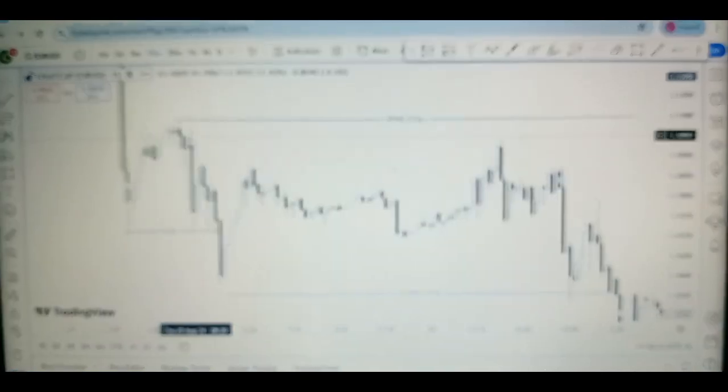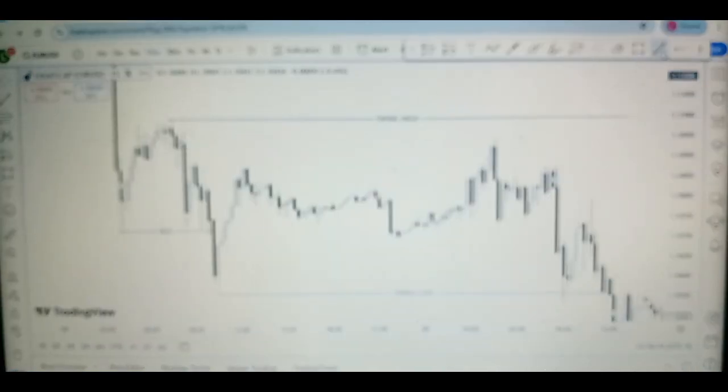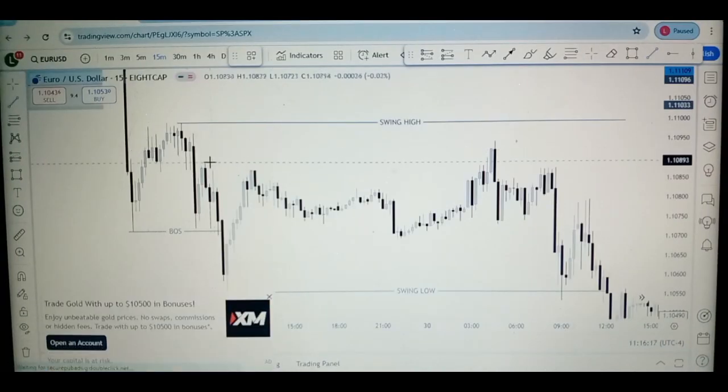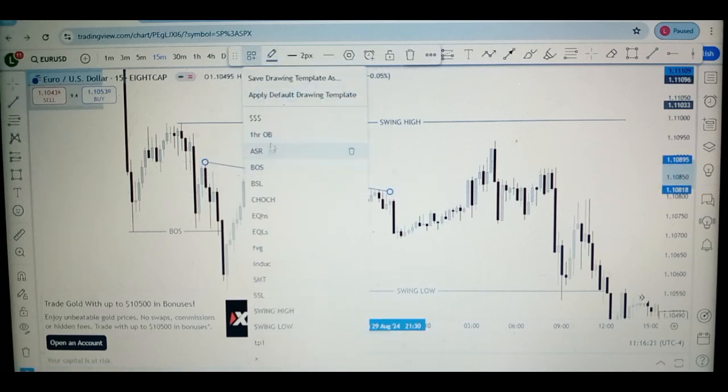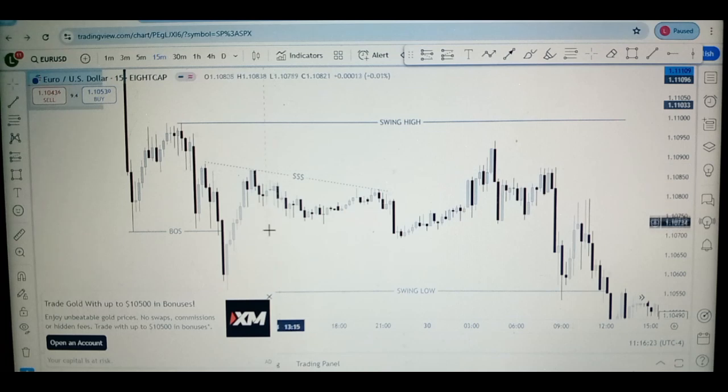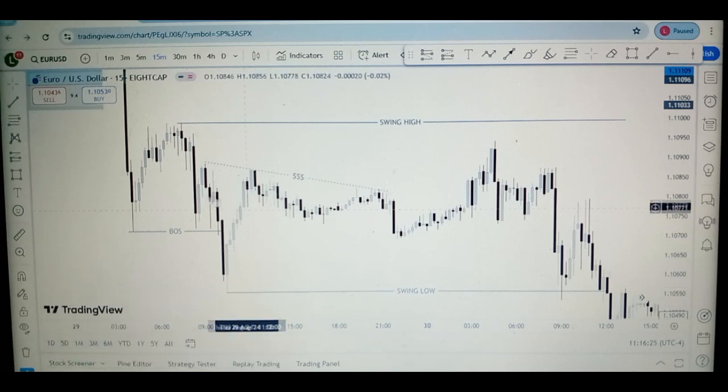I chose this supply level specifically because I saw that we had this whole bunch of liquidity.